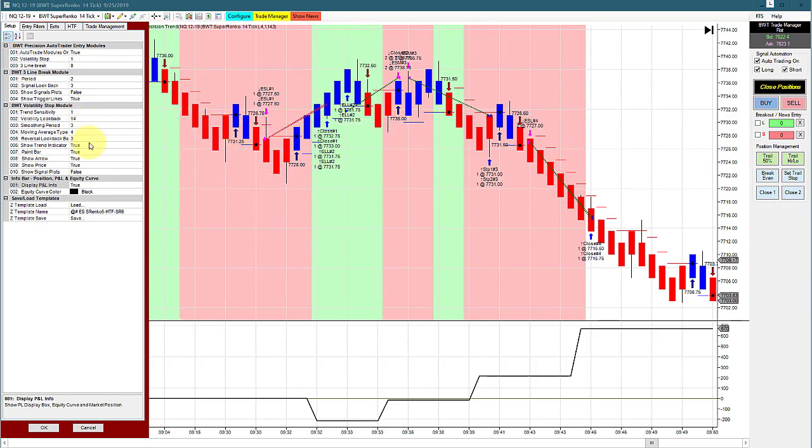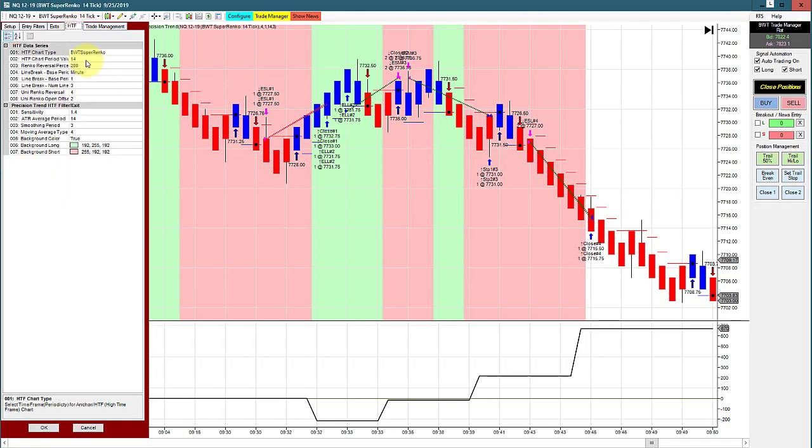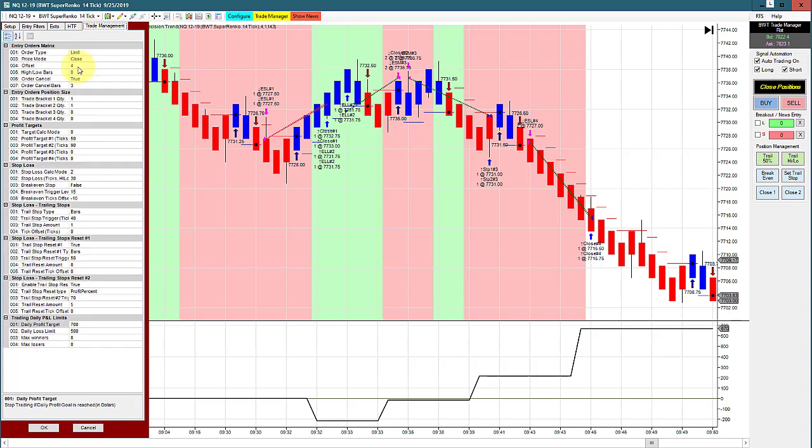$62.50. So I based it on that logic, and I made the higher time frame the same, Super Renko 14 tick. I was trying to balance out the chart in terms of dollar value, and that's how I came up with the Super Renko 14. I used the Super Renko 14 as the higher time frame, and I also increased the limit order to 4 ticks.